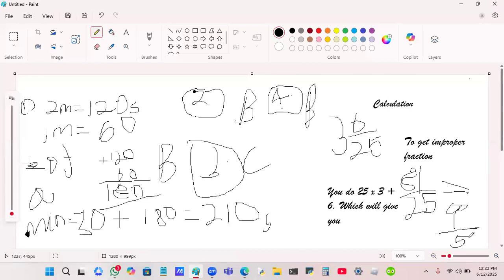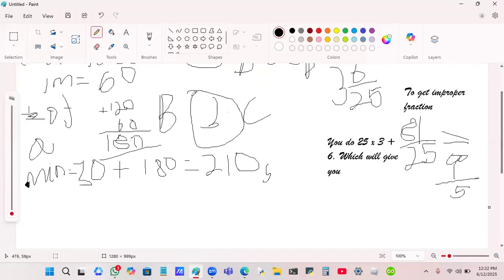Then to get your answer, I forgot how you got the 4. 1 and 4 over 5 for the answer.